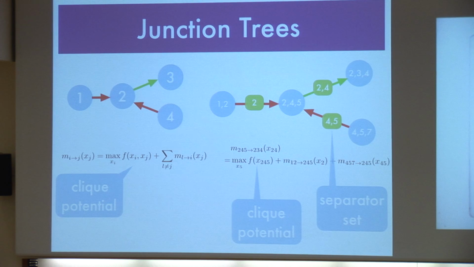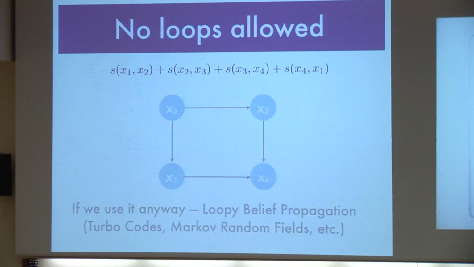Okay. Now you might wonder a little bit, why on earth am I so concerned about this entire junction tree thing? After all, I might have some loops, and a function of that form, s of x1, x2, plus s of x2, x3, x3 and x4, x4 and x1.